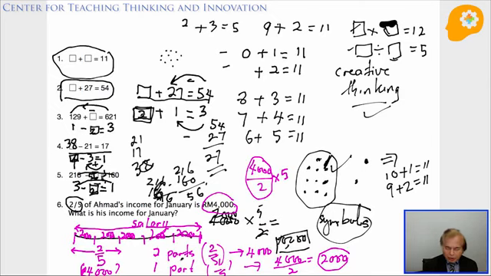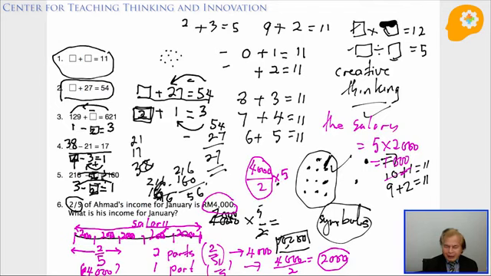So the whole salary is equal to, if you notice that one part is 2,000, so 5 parts, 5 times 2,000, which is 10,000. So this is one way of showing the working.